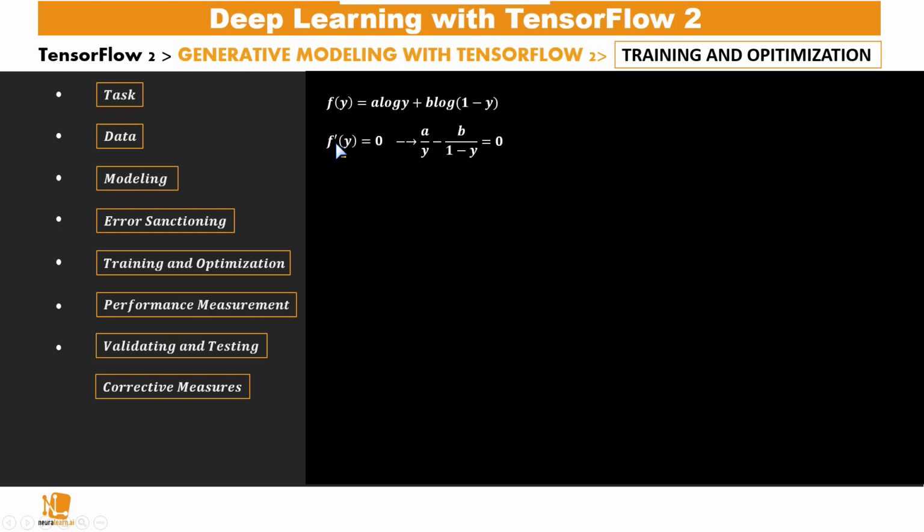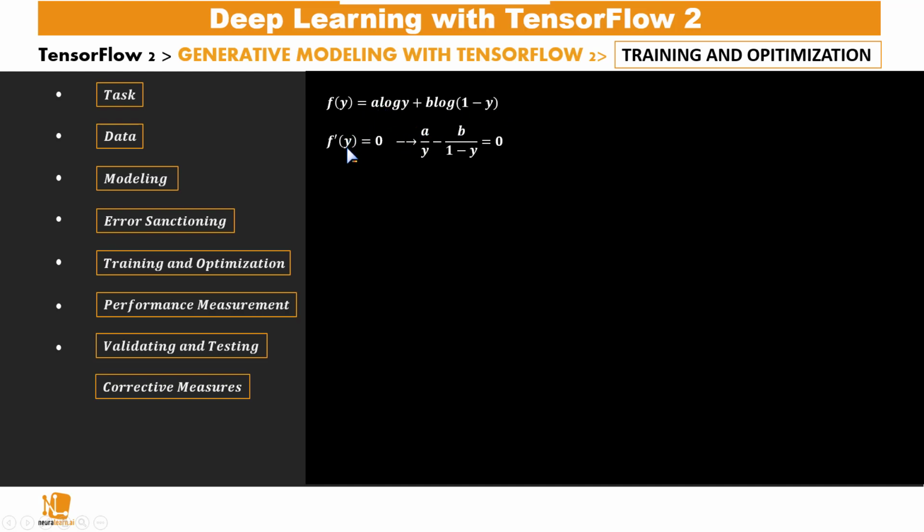Now the reason why we're talking about this is because at maximum points, we actually have the first derivative equal to 0. So we're doing the first derivative test right here, and then we derive this and equate it to 0.